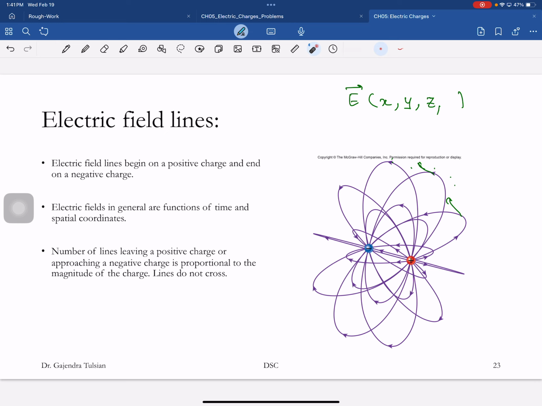This is electrostatics. We are not letting you jiggle these particles. If we let you jiggle these particles, then the electric field becomes time dependent. So right now, we're not letting you jiggle the particles. So all the electric fields are stationary.